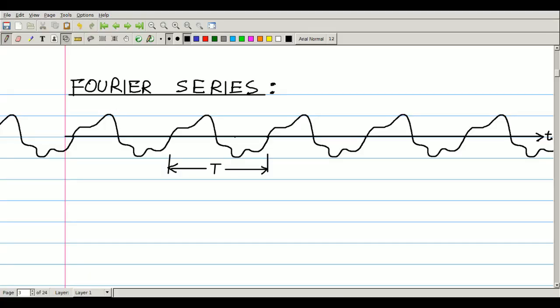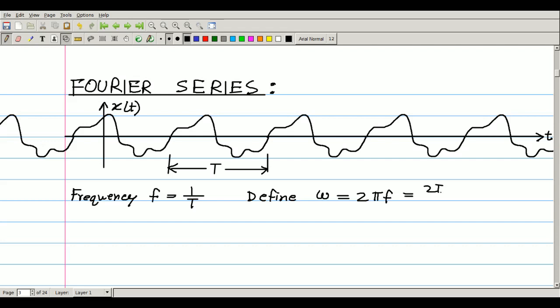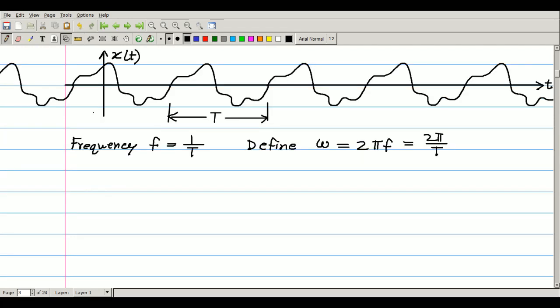Let us call this arbitrary periodic signal x of t. The frequency is 1 over capital T, and let us define the quantity omega as 2 pi f or 2 pi over capital T. It is possible for such an arbitrary periodic signal that we can write x(t) as a sum of sine and cosine signals like this.